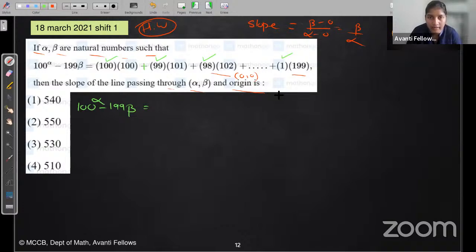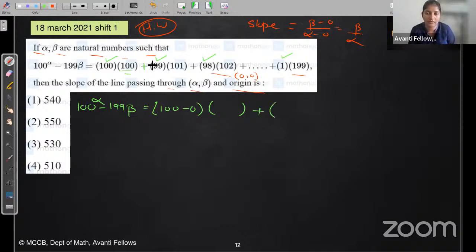First term is 100, then it's 99, then it is 98. It's decreasing, right? Step by step. In every term, minus 1. It's decreasing by 1. Correct? So, what can I write here? I write this as 100 only, 100 minus 0. Next term. I'll come back to the second term also.